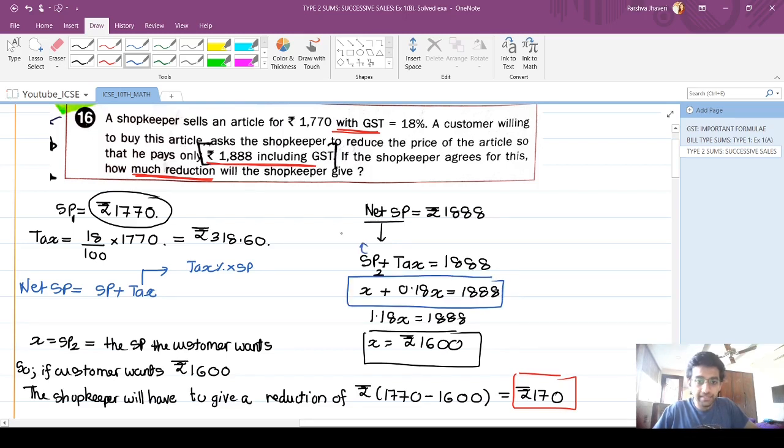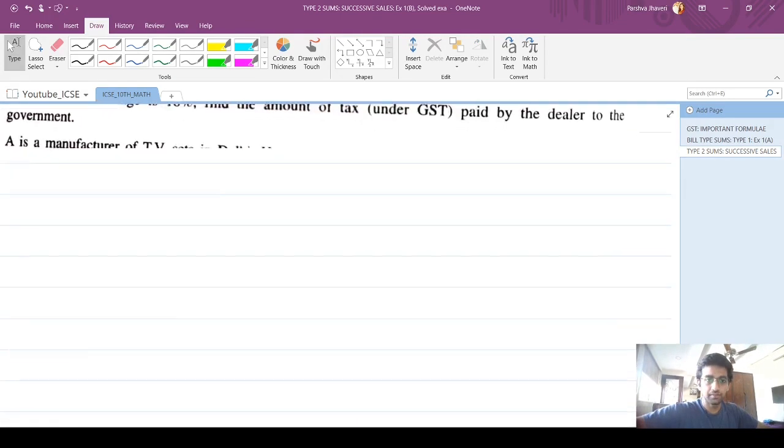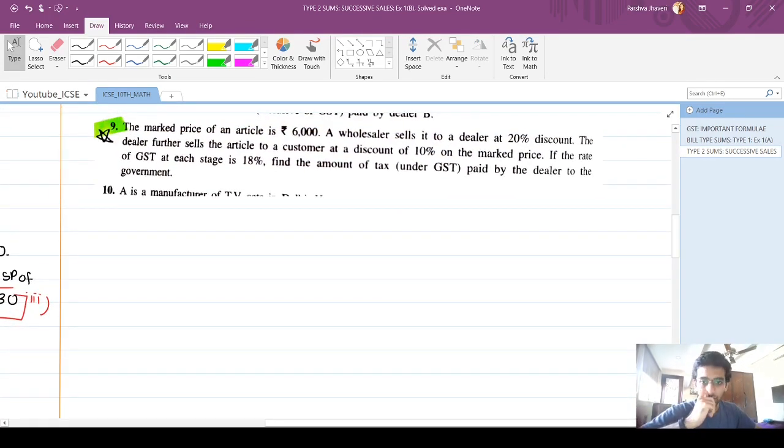I assumed SP2 to be X and I took the tax on the X. X plus 0.18X will give you 1,888. And that is how we find the SP the customer wants. And then this is going to be again solved by a similar type, I would say the column method itself.